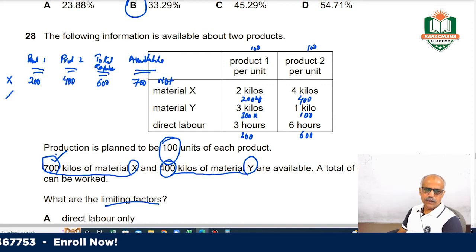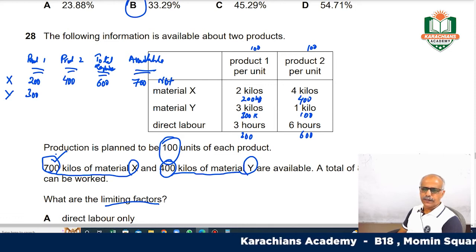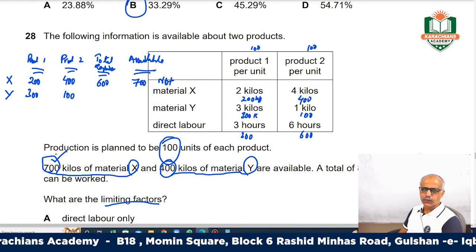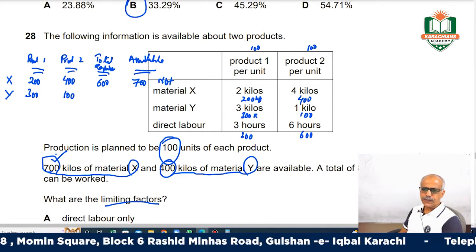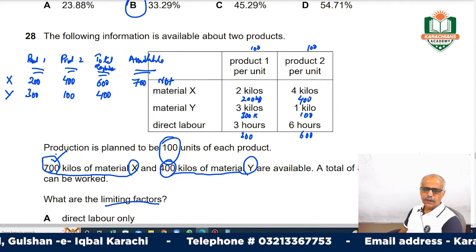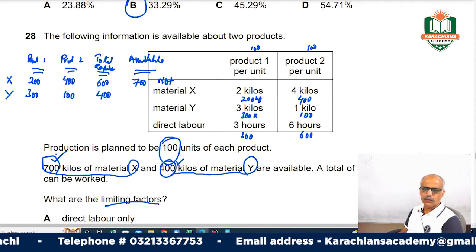Come to Y. In product 1 we require 300 kgs and in product 2, 100 kgs, total 400, and you have 400.